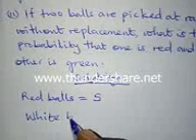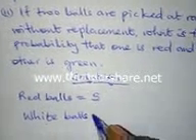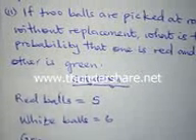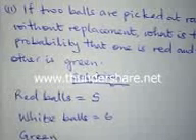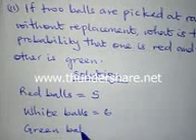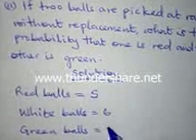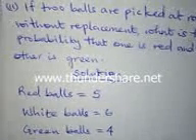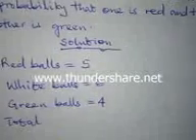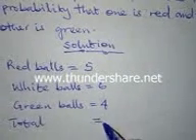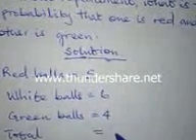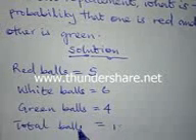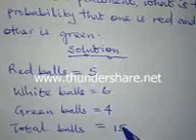White balls equals 6. Then green balls equals 4. So the total here is given as 10, 15. So we've got 15. So total balls equals 15. Good.